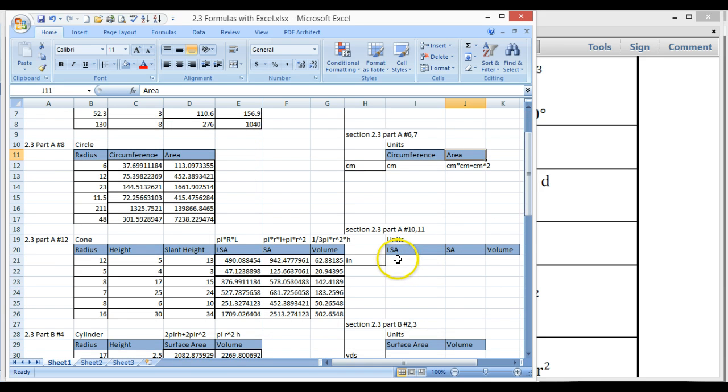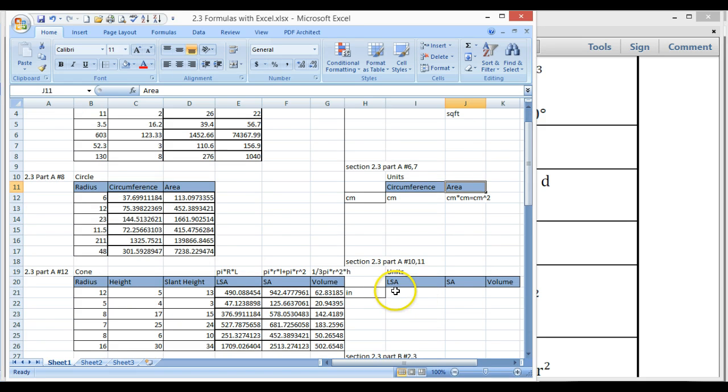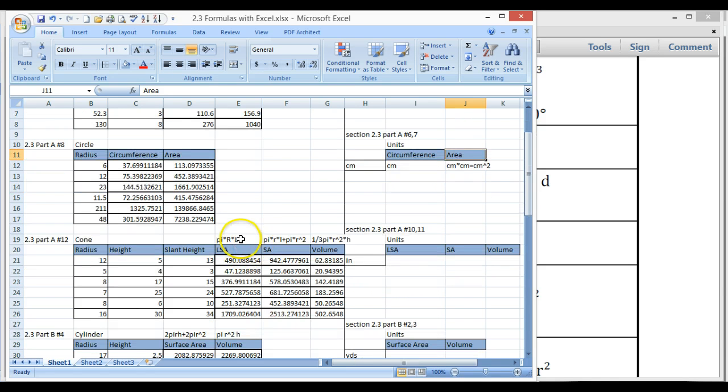So if I'm moving to lateral surface area and surface area, again, you'll find the pattern that it's being squared. But just to look through it again, for the lateral surface area, over here I have the formula. So pi is unitless. The radius has a unit and it was given to us in inches.